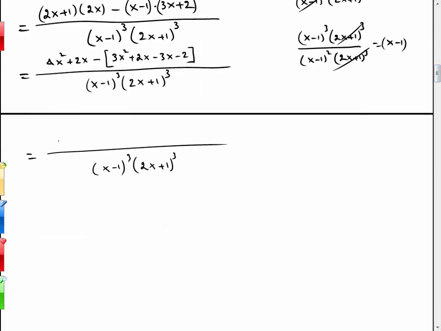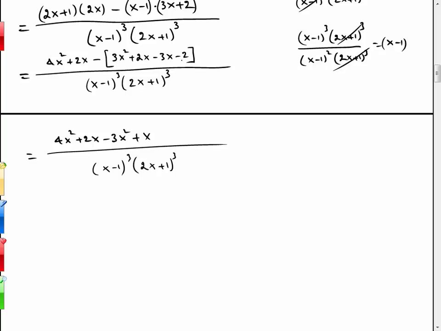And we have 4x squared plus 2x minus 3x squared. 2x minus 3x is negative x, and we are subtracting a negative x, so I'll change that to adding a positive x.